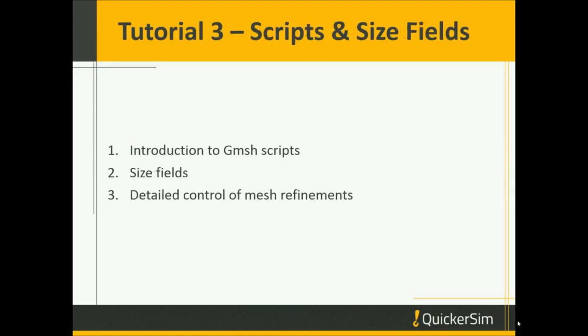And in the third tutorial we are going to talk about more advanced topics, how you can automate your work with Gmsh by scripting and parameterizing your geometry, how you can define size fields that will give you additional control of your mesh resolution in certain subdomains or subregions.